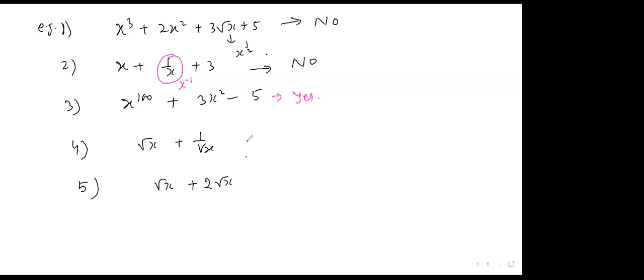And what about the fourth example? This is not a polynomial. And that goes for the fifth example as well. Now it should be very clear in your mind what are polynomials and what are not.